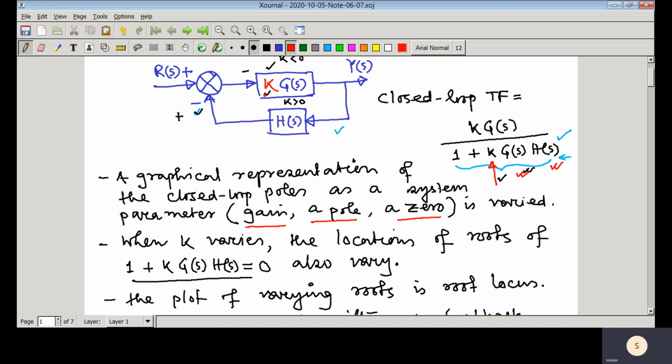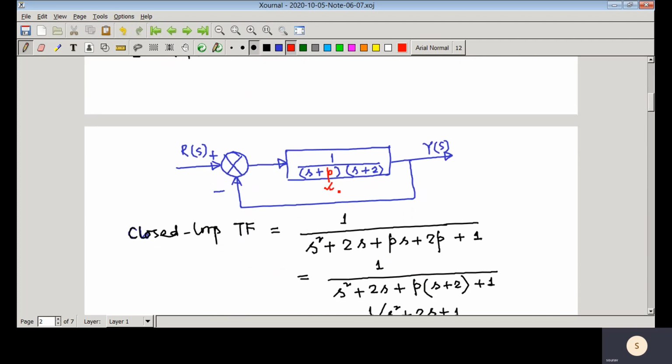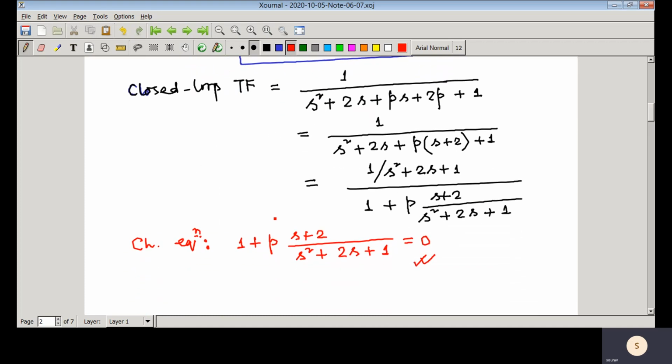Whenever the forward path parameter is k, it appears here, and in this case the varying parameter is that pole. If we represent it in this way, then you can see the varying parameter is here, and then we have a transfer function, which would be treated as the GsHs, and then we can apply the root locus technique.